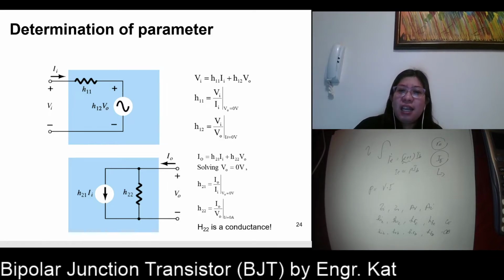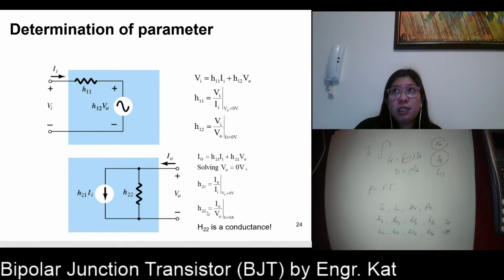Okay? And then lastly, in solving for H22, we have to open your I input. And that will give you IO divided by VO. For H22, both your denominator and your numerator come from the output side. So what is IO divided by VO?